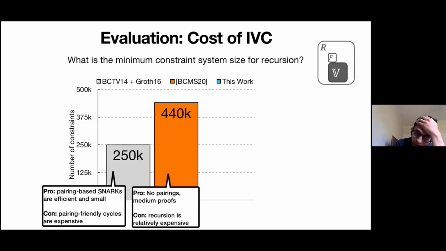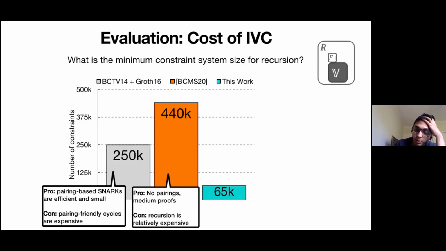You have medium-sized proofs. They're not as small as Groth16 proofs, but they're at most a few kilobytes, and you can use standard FFT-friendly cycles of curves. But the downside is that now your recursive cost is quite large. It's larger than Groth16, which can affect applications, because in the end your verification time is linear.